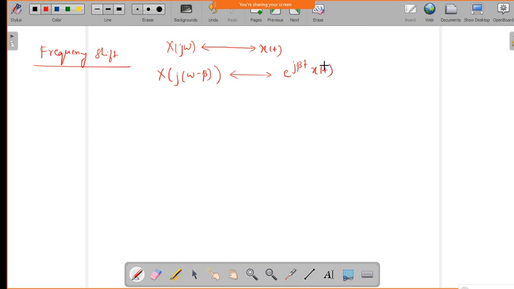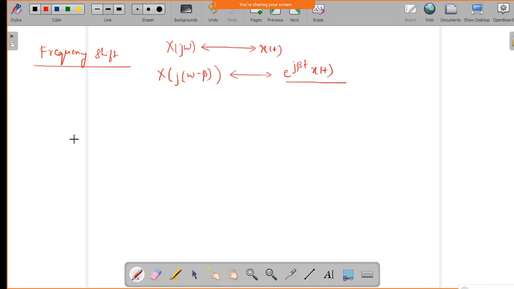So this is the frequency shift property. Now how can we prove that? We can take the x of j omega equation, put in x of t given by this value, and arrive at the frequency shift property. Try to do this also.